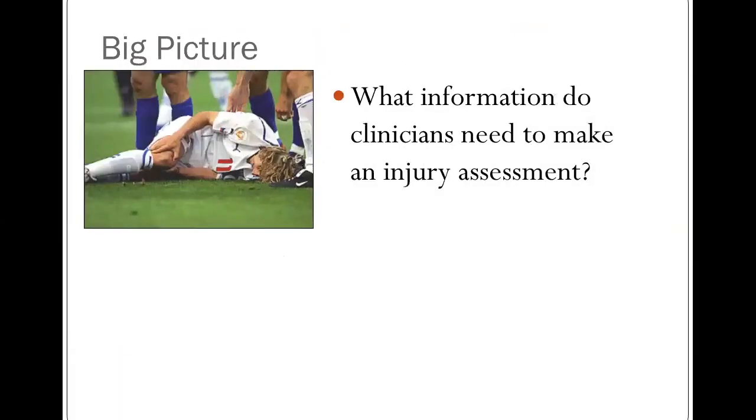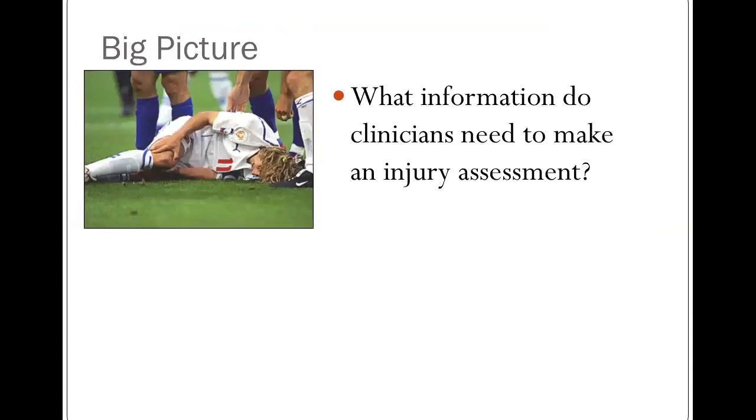So you're going to learn a little bit more about this in a moment when you do the online learning assessment, but let's take a look at what kind of information clinicians need to make an injury assessment. So what kind of things are they looking for? Now, we know that we can ask our SAMPLE history, we can look for those signs and symptoms, and we can ask them about all the symptoms they're experiencing on that OPQRSTI that we have there.